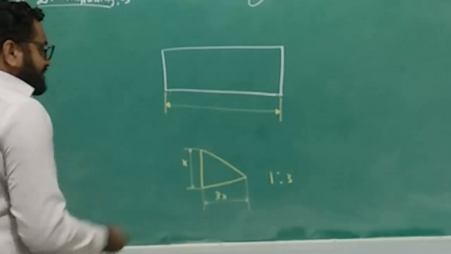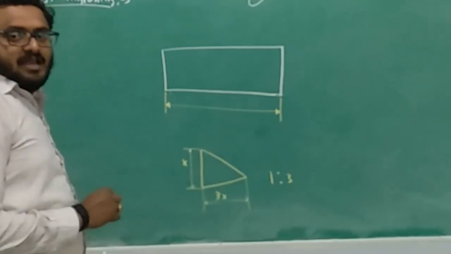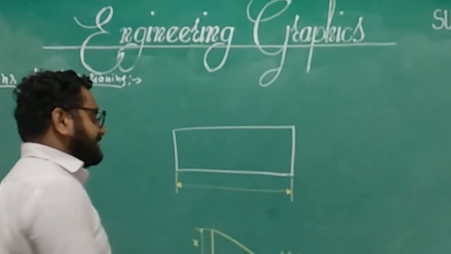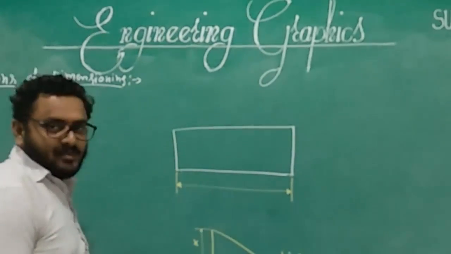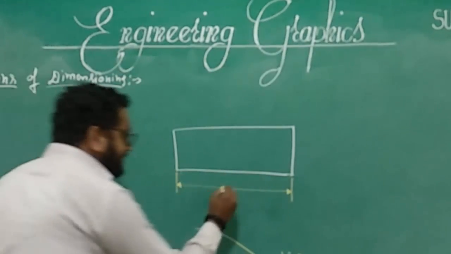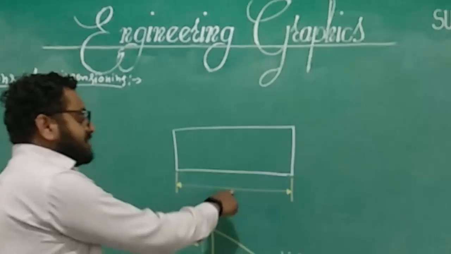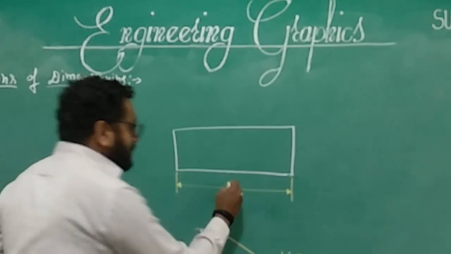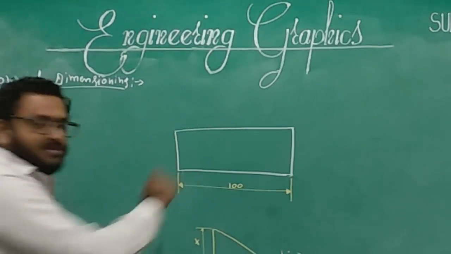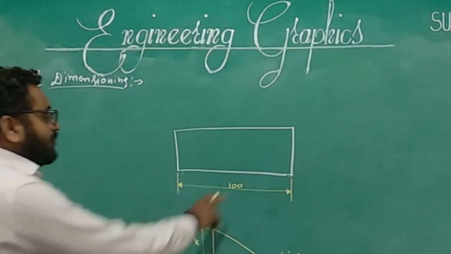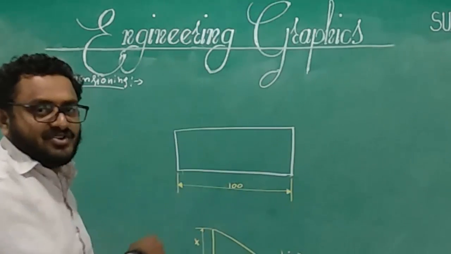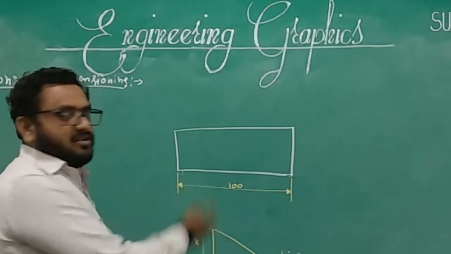After drawing the arrow edge, the dimension figure. The dimension figure means the quantity, how much the length is. For example, if this is 100 mm, we need to write it. Two methods are there. One is over the dimension line, almost at the middle. No need to write any prefix or abbreviation such as millimeter or centimeter.